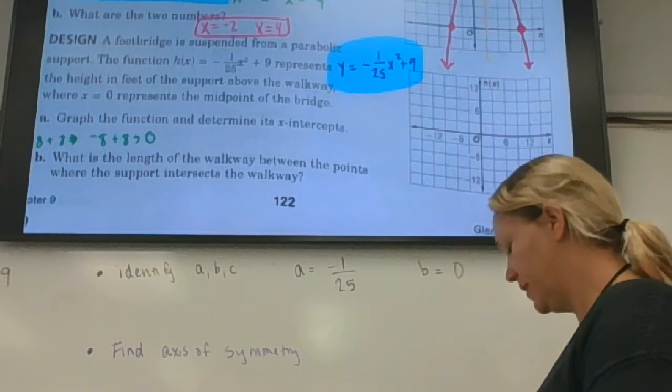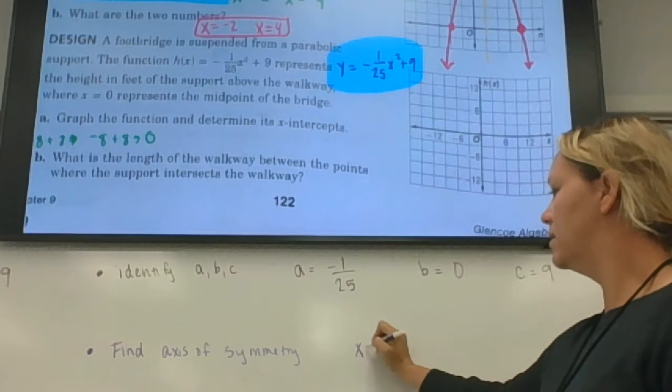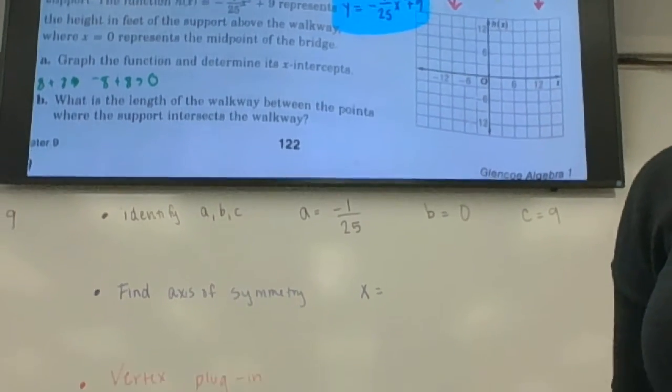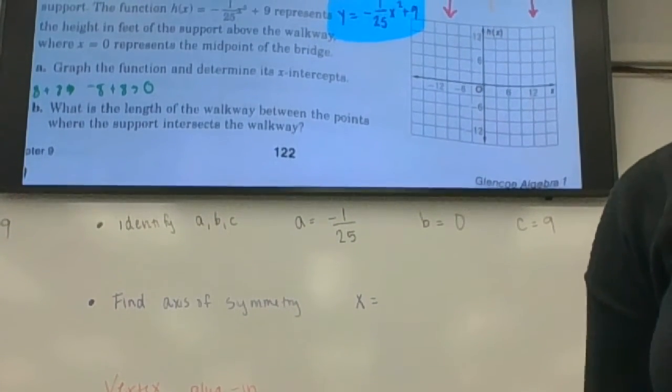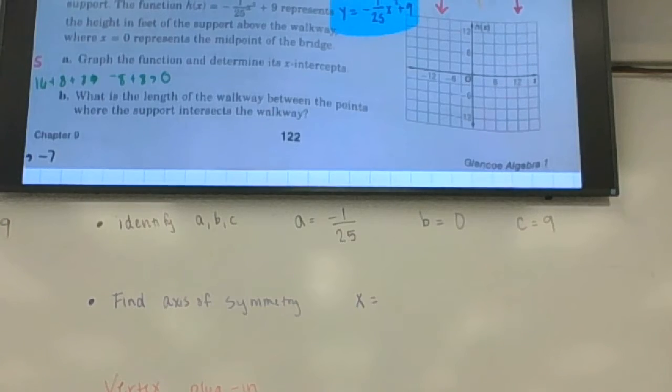Axis of symmetry. Georgia, how do you find the axis of symmetry? Okay. Kalia, axis of symmetry.